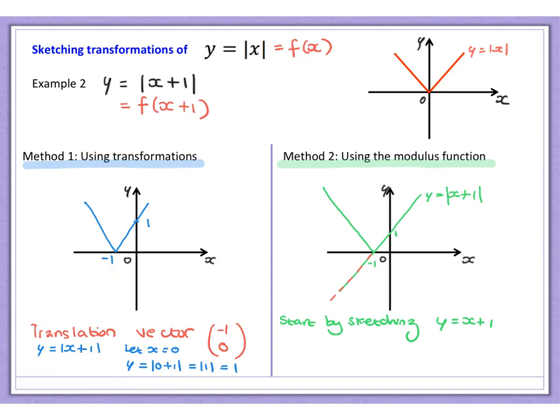So we start by sketching y equals x plus 1, the function inside the modulus. Then we reflect any parts of the graph that are below the x-axis in the x-axis.